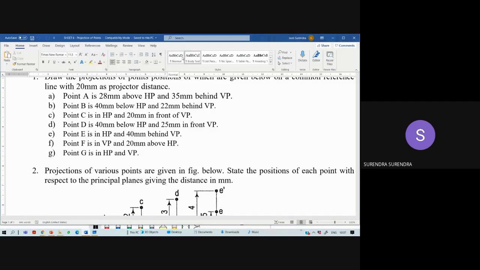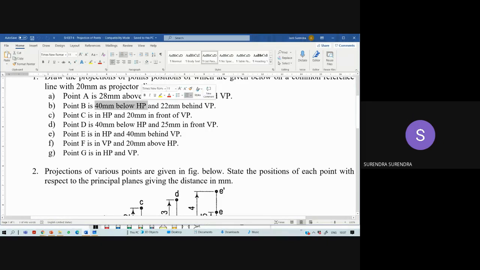Next, coming to point B. So I asked you to try this. Just compare with your solution whether you got the same answer or not. Point B is 40 mm below HP, means front view below HP.